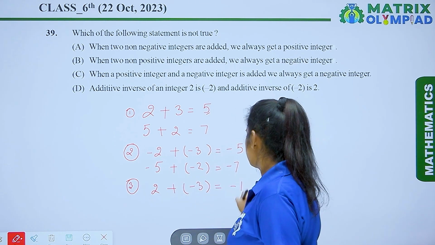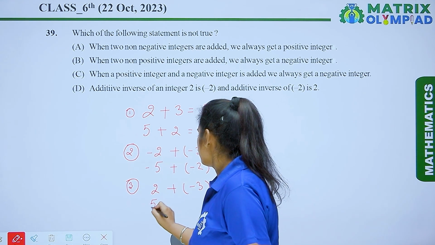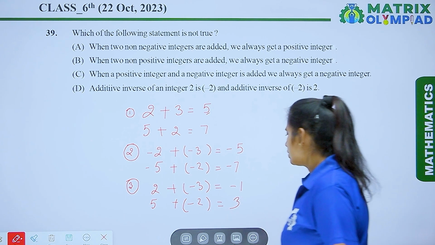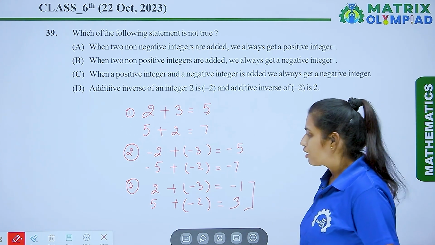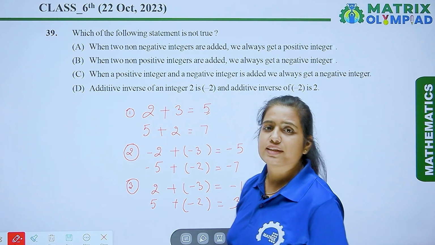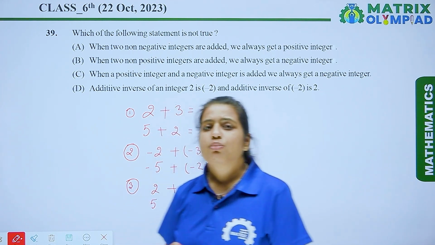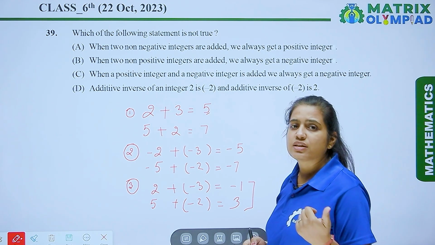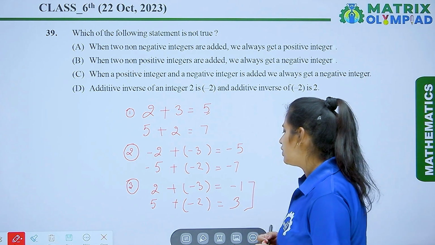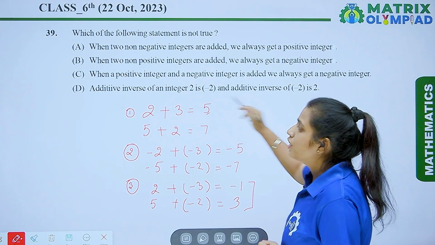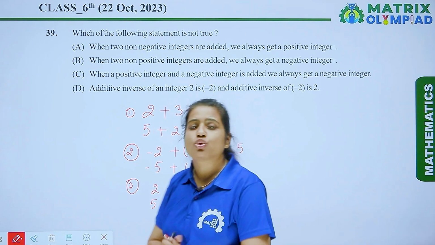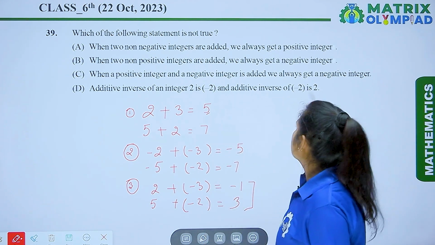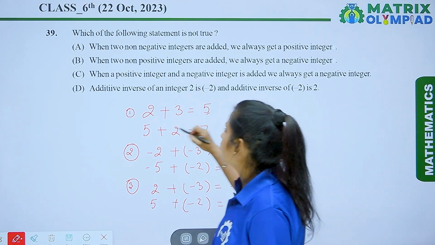Here the result is minus 1, and from the second example we get positive 3. So here in this third statement example we observe that both the answers are different. Means first is in the negative form and in the second example we get the result in the positive form. So here in option C the result totally depends upon the integers. So option C is an incorrect statement.